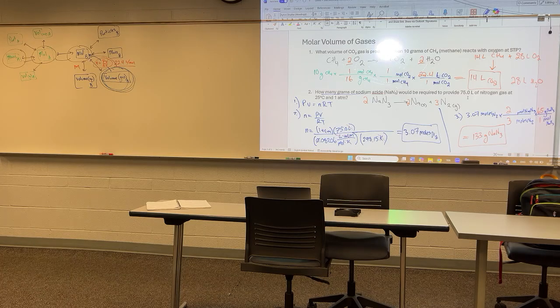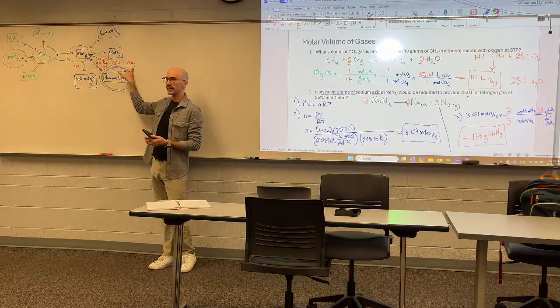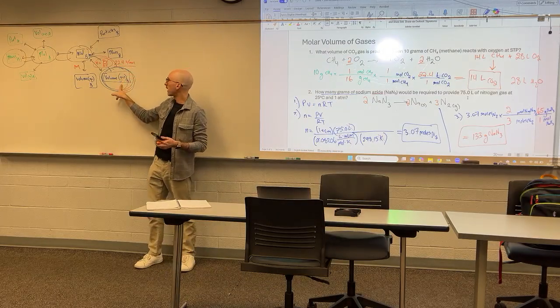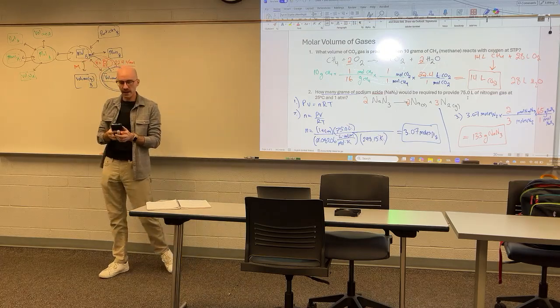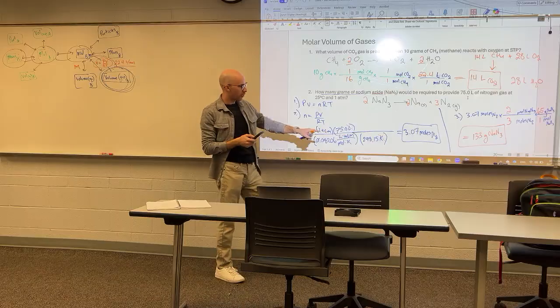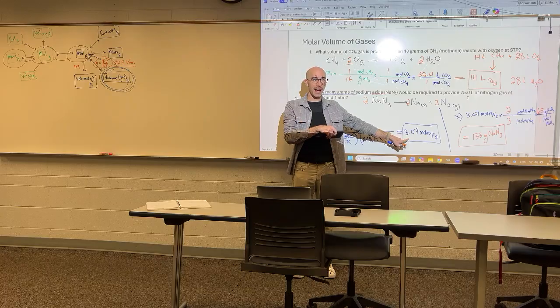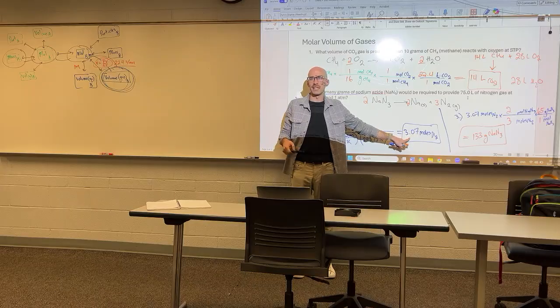All right, let's just compare real quickly what we would have gotten if we mistakenly used the molar volume. 75 liters into moles divided by 22.5 gives me 3.34 moles of nitrogen gas. In actuality, I wanted 3.06 moles of nitrogen gas. The molar volume would have given me a higher predicted number of moles.